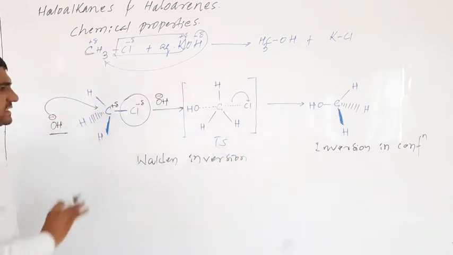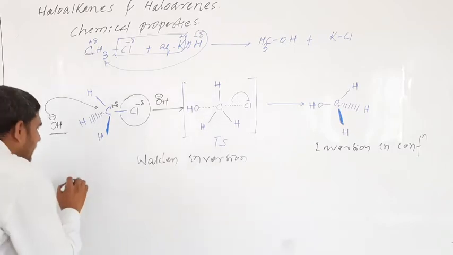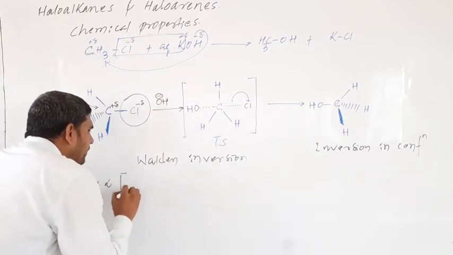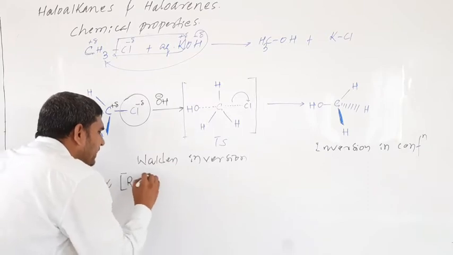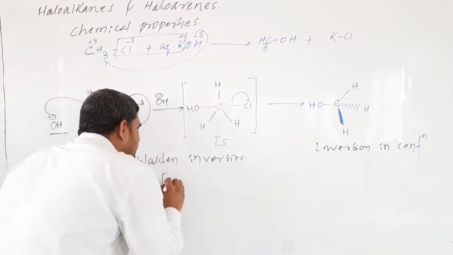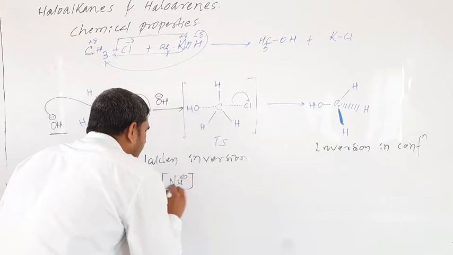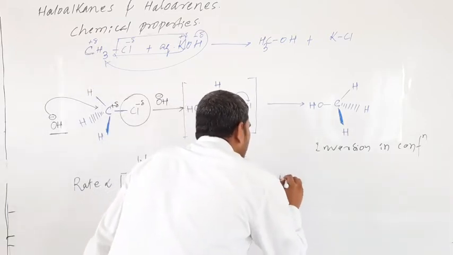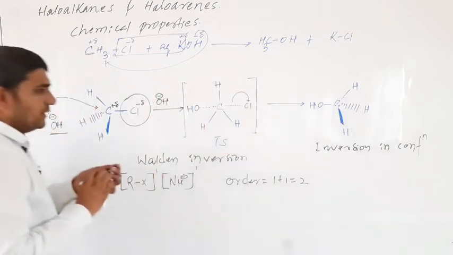In this reaction, rate is directly proportional to what? Both the concentration of alkyl halide as well as the nucleophile. Hence, the order of this reaction is 1 plus 1 equal to 2.